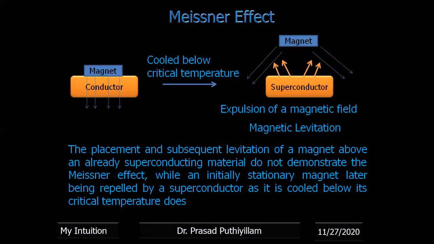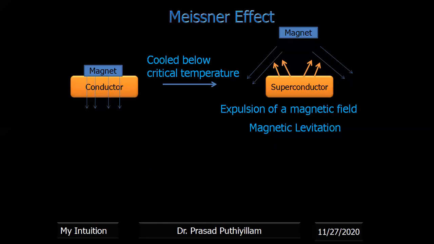Such cases cannot be treated under the Meissner effect. The magnet should be placed well in advance, then the material has to be cooled to a lower temperature, called the critical temperature. Only then does it explain the Meissner effect.